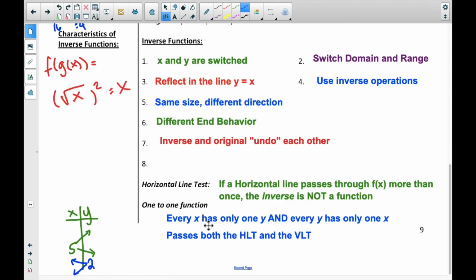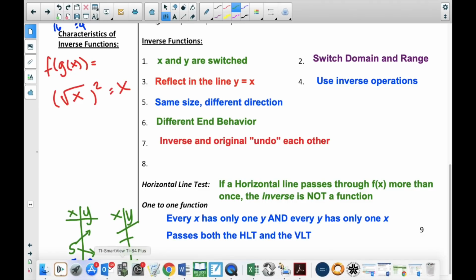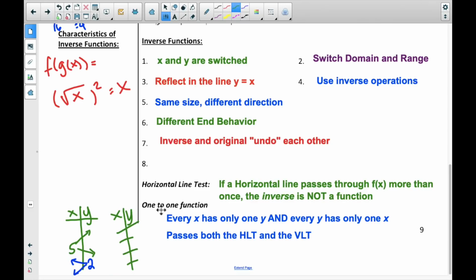If we have a one-to-one function, then there is no doubling up on any of them. It is just one-to-one. So that's a one-to-one function. And that's important because when we talk about inverses, certain inverses are not functions, other inverses are functions. Okay, let's go ahead and turn the page.